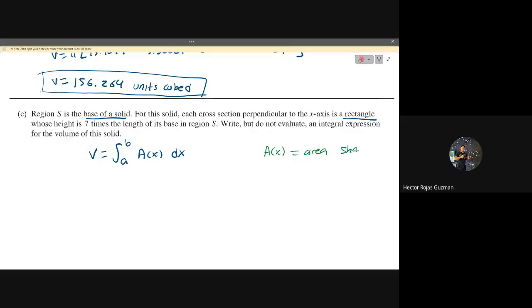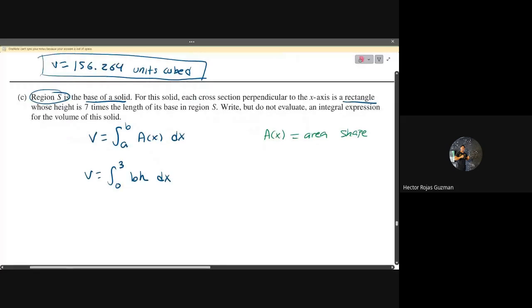Now we're getting to the rectangles. Now tell me what the area of a rectangle is. Base times height, length times width, whatever you want to call it. And we're doing the integral from 0 to 3 because we're talking about region S. Now it says the rectangle has a height 7 times the length of the base.